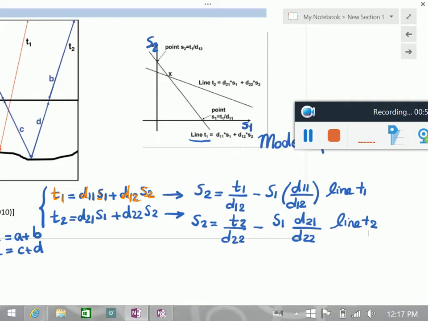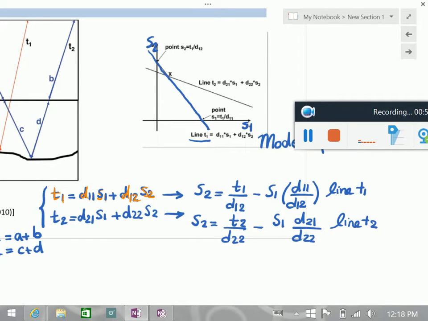Right? So if we only had measurements at one receiver, we only had this one line. So any S1, S2 combination which would fall in this line would be a solution.